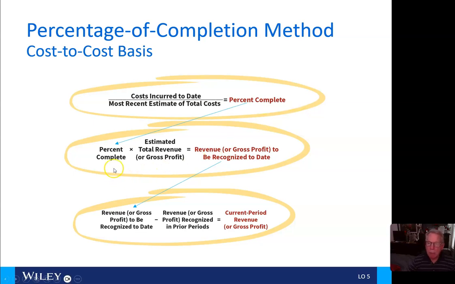Then we'll multiply the percentage complete times the estimated total revenue, or it could be gross profit, and that's going to give us the revenue or gross profit to be recognized to date. Once we have that, we subtract out the revenue or gross profit recognized in prior periods, and that will give us the current period's revenue or gross profit for this period.